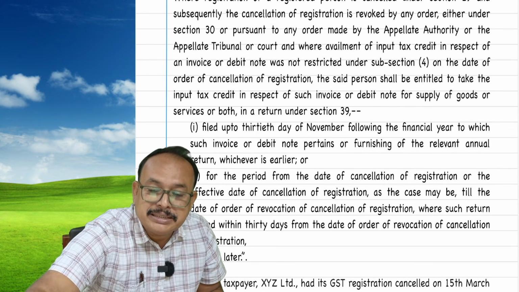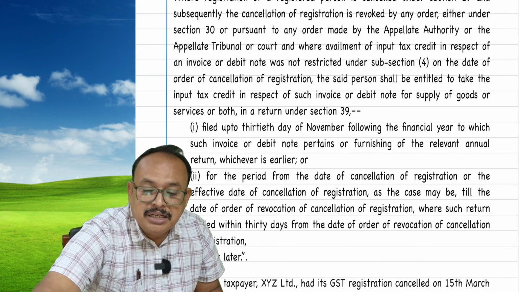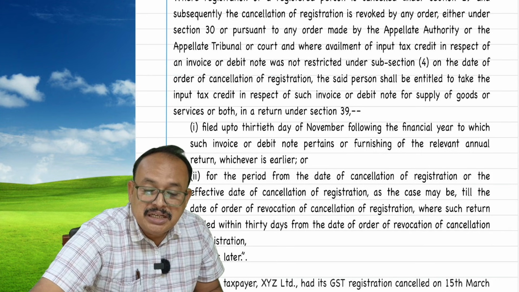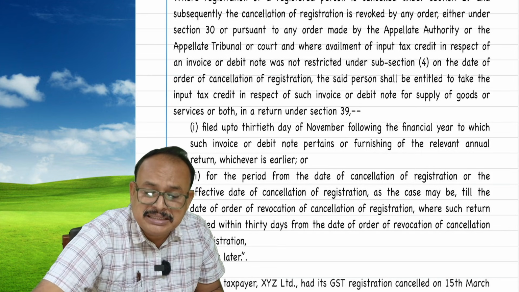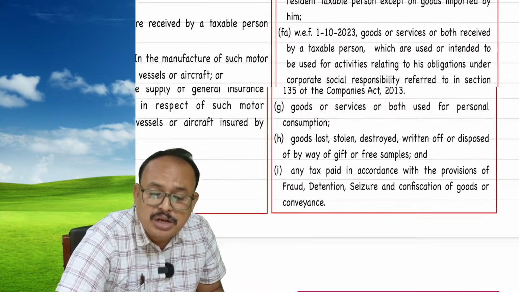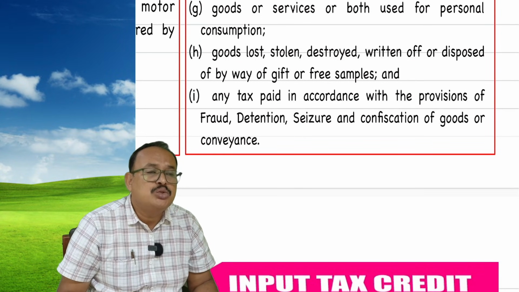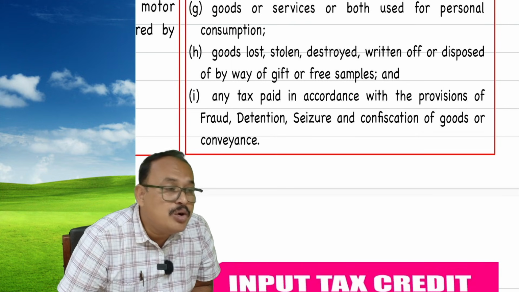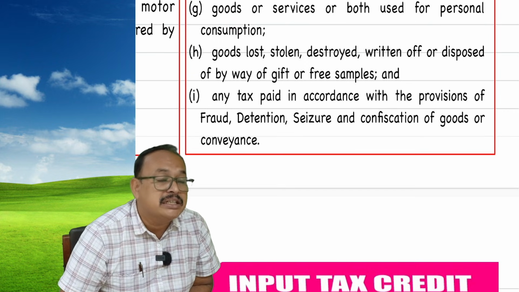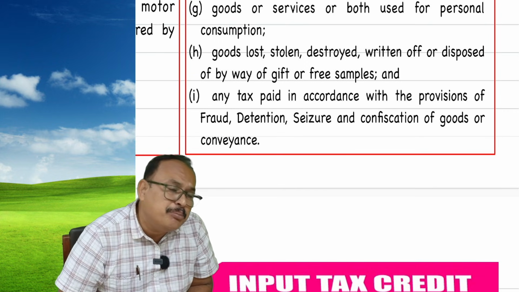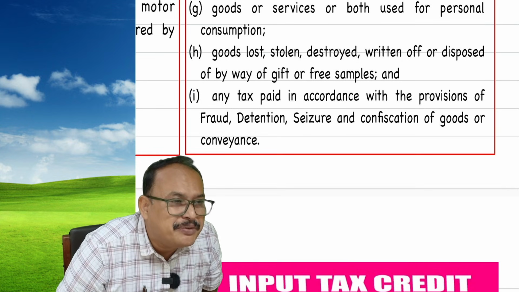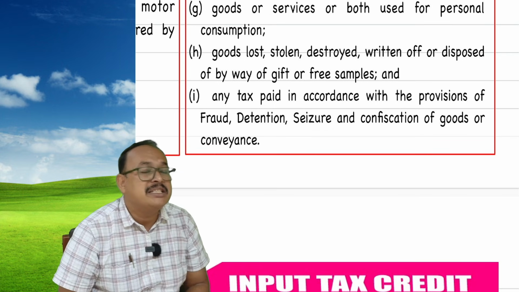It is a very important section. In the case where the goods have been supplied against a particular show cause notice, clause I to section 17(5): section 129 detention and seizure, section 130 confiscation, section 74A, where the notice has been issued, the taxpayer committed fraud, therefore the demand has been raised to pay the tax.